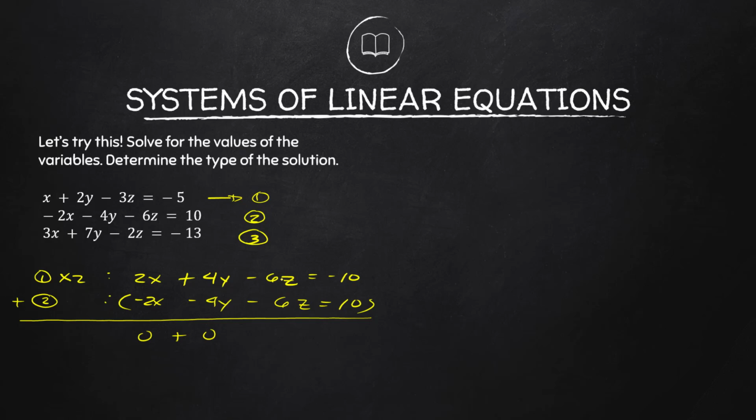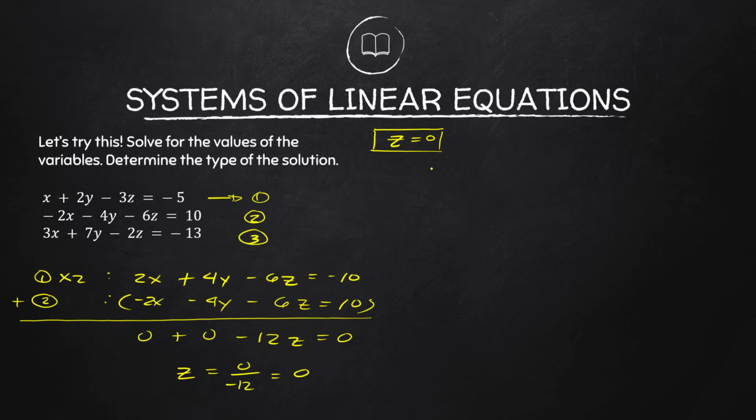And we have here negative 6z plus negative 6z is negative 12z. And negative 10 plus 10 is equal to 0. Leaving us with z equal to 0 divided by negative 12, which is equal to 0. So luckily, we have the value of z right away. So z is equal to 0.